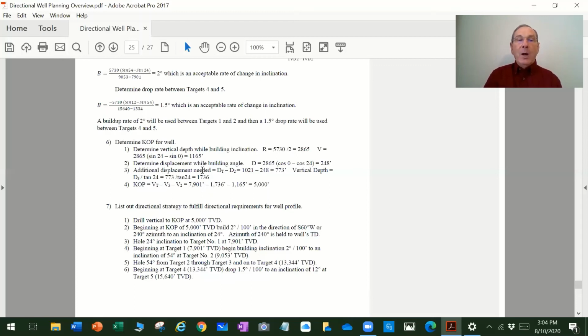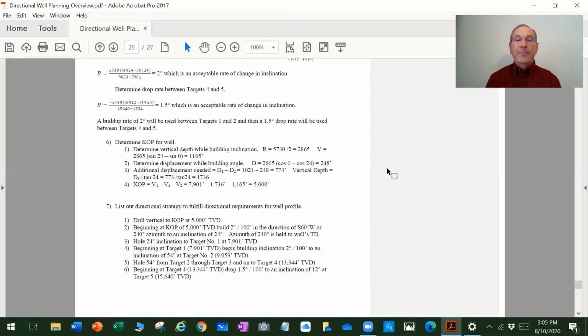So now we can calculate our kickoff point for the well, which is the total vertical depth at target number 1 minus the vertical depth while we're holding angle minus the vertical depth while we're building angle. If we take these values of 7,901 minus the 1,736 that we just calculated minus the 1,165 that we calculated here, that gives us a kickoff point of 5,000 feet.